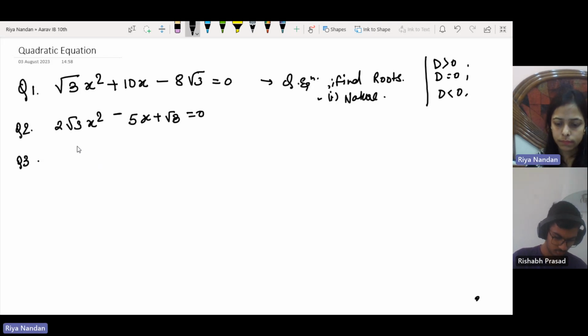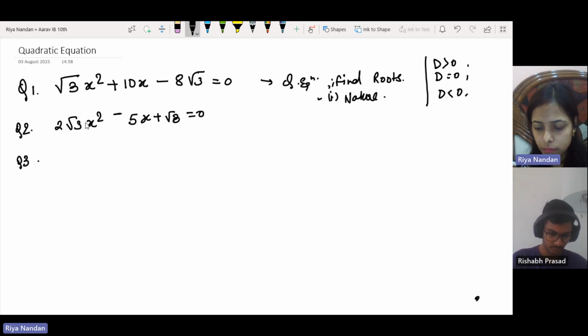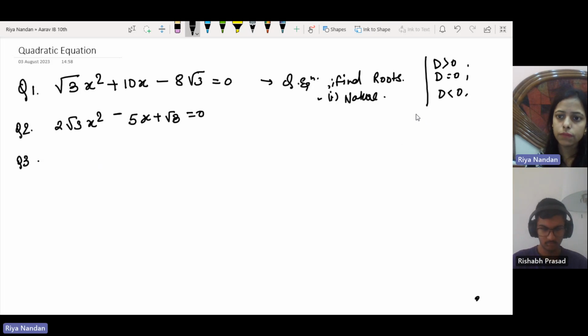You are taking more time. Try to solve fast. Increase your speed. Just write down the formula at the corner of your page and apply that. That's it.